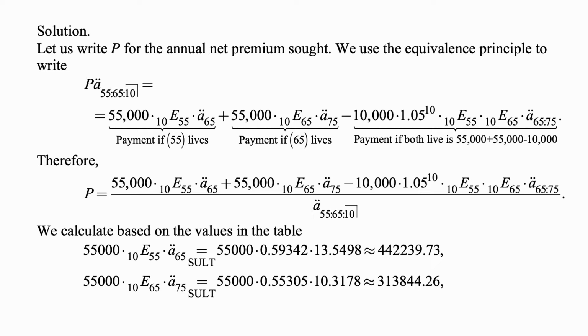But please make sure, by the way, that you look at the SULT table, or SALT table, whatever we choose to call it, and look up these values, because you need that experience. You'll be doing this on the test, so practice with that table.